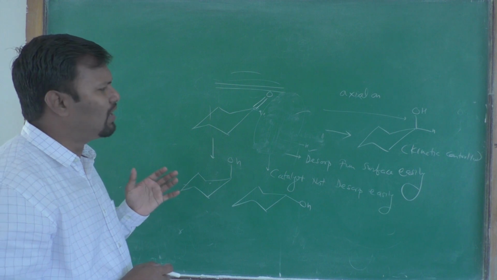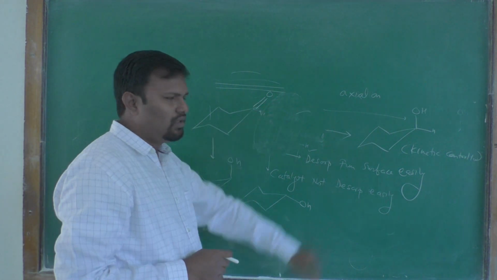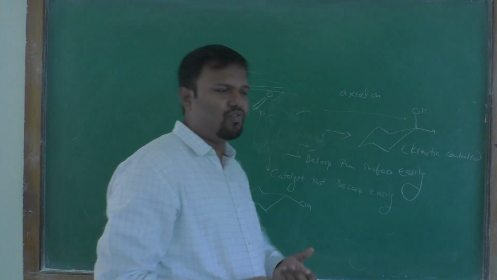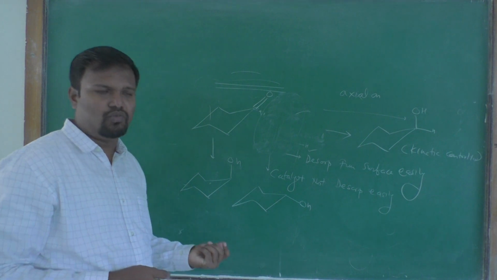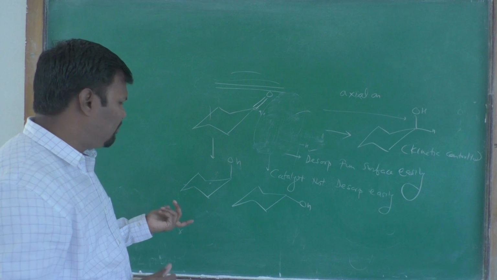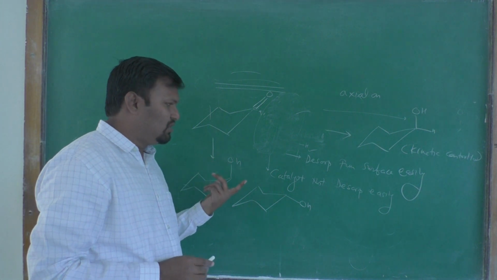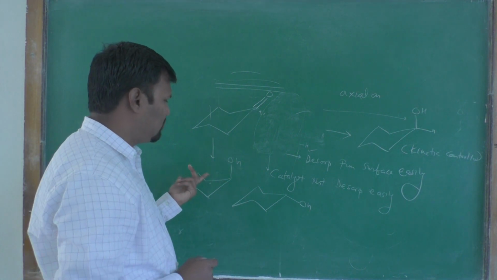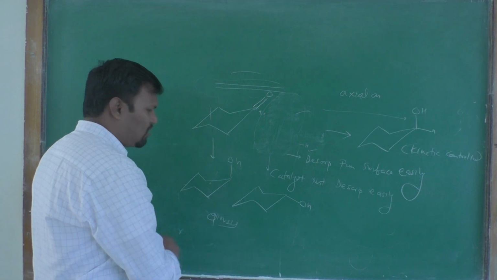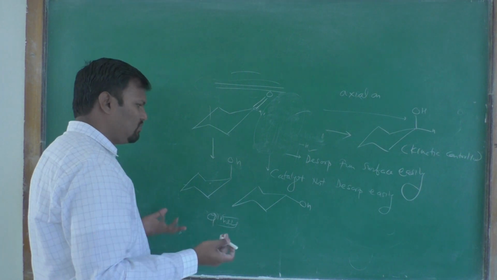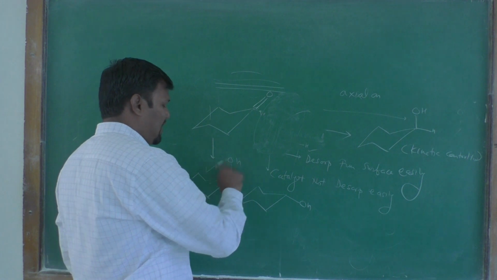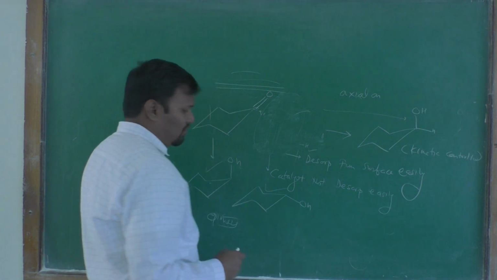If it dissolves fast from the surface, it gives only the kinetic control product, the von Auwers rule hydrogenation product. But if prolonged attachment is there, then two epimers, two isomers, are obtained, a mixture of axial OH and equatorial OH.